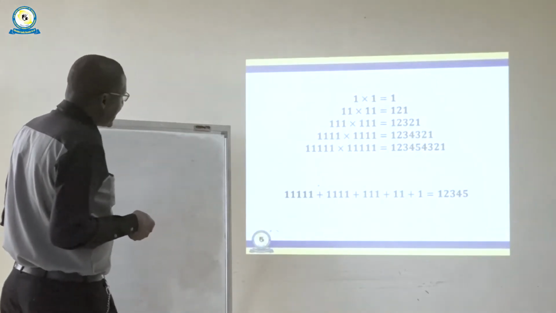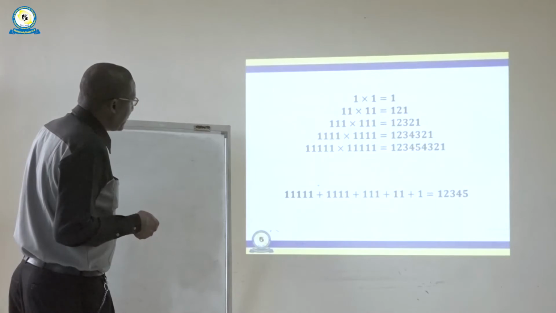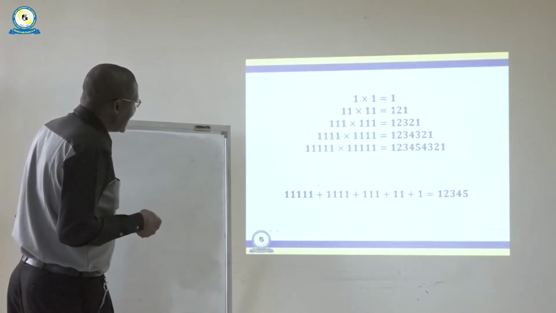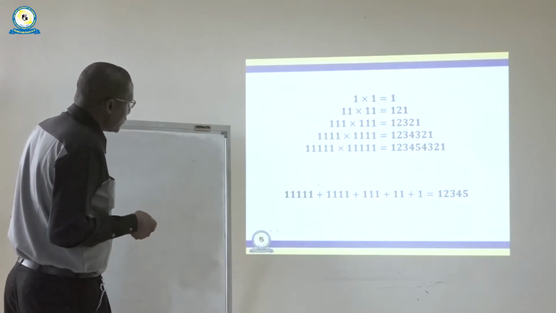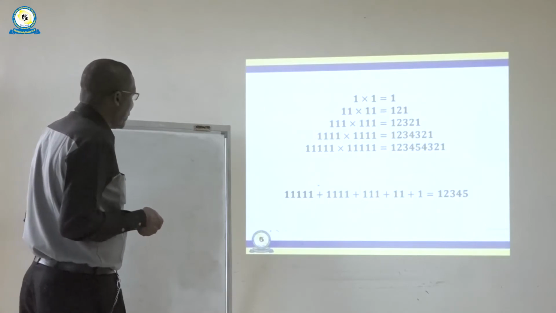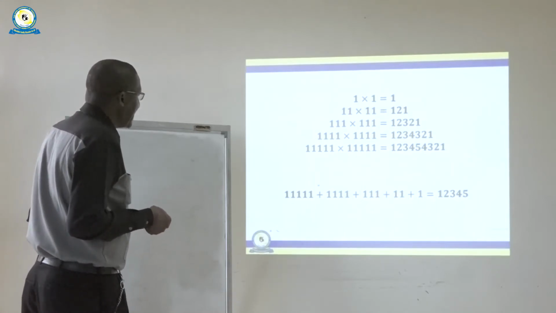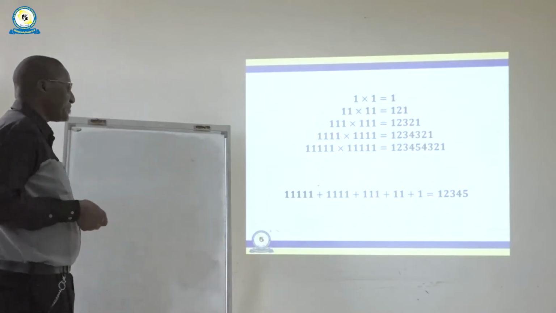So you may find that the numbers on the left hand side of the equal sign are ascending and after the middle are descending. For example, here 1 is ascending to 2, 2 is ascending to 3, 3 is descending to 2, and then descending to 1. Similarly, for the fourth one, 1 is ascending up to 4 and then descending back to 1.